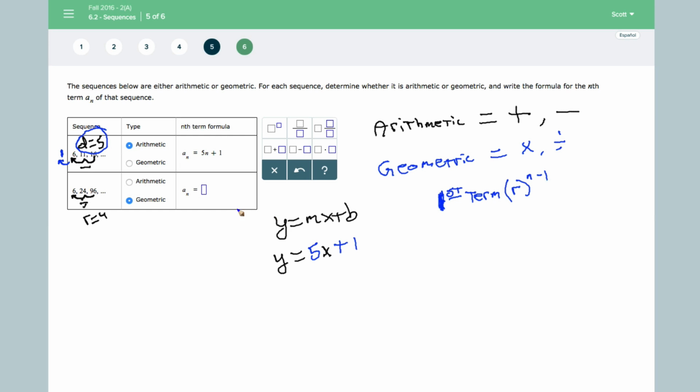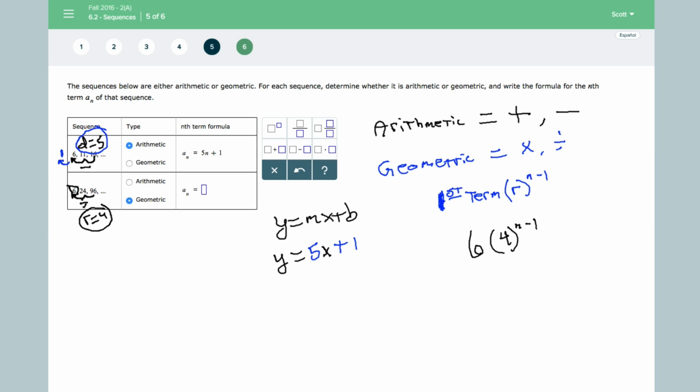Okay, so what's our first term? Our first term is 6. So I have 6 times, what's my common ratio? We found the ratio, we're dividing or multiplying by 4 each time, so we're multiplying by 4. N minus 1. And that's our answer.